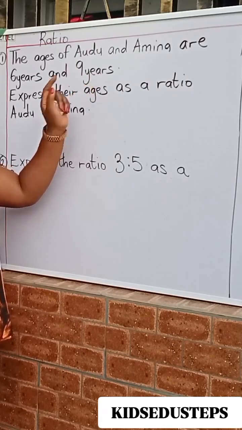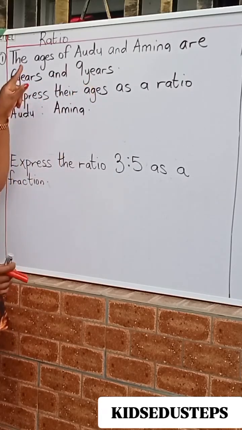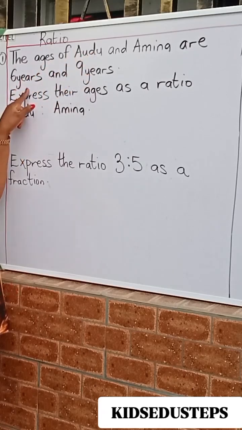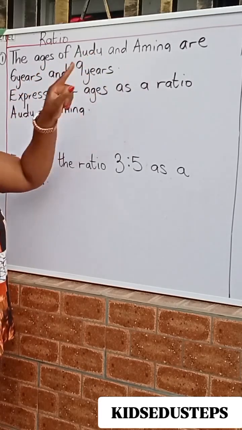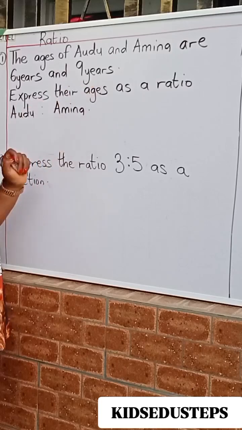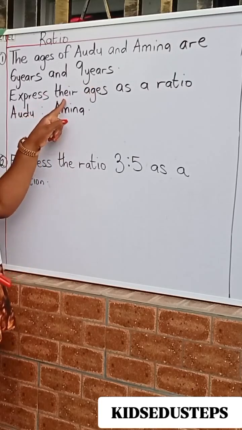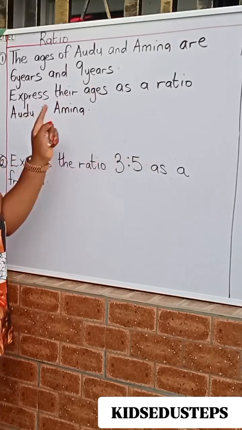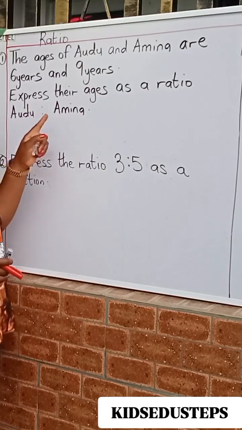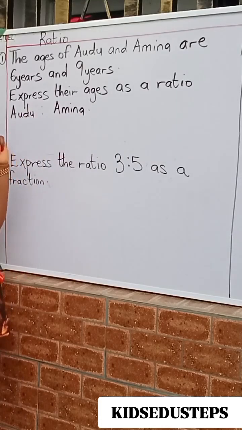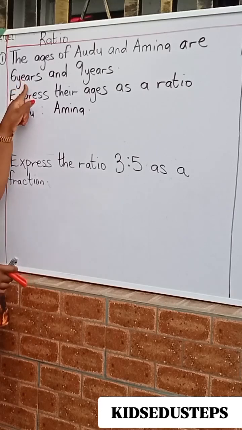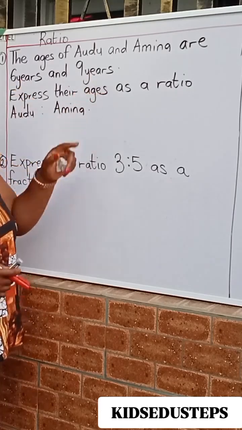I hope you get it. Now you're asked to express their ages as a ratio. Audu is to Amina, which means Audu's age will come first before Amina's age.